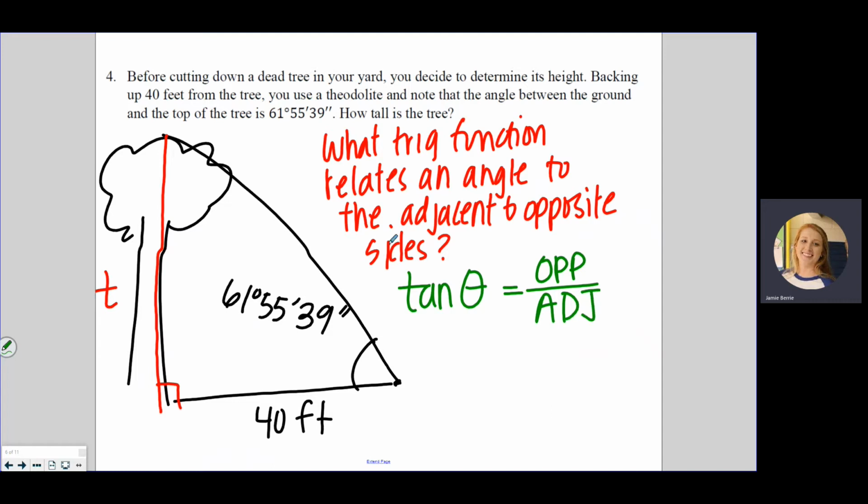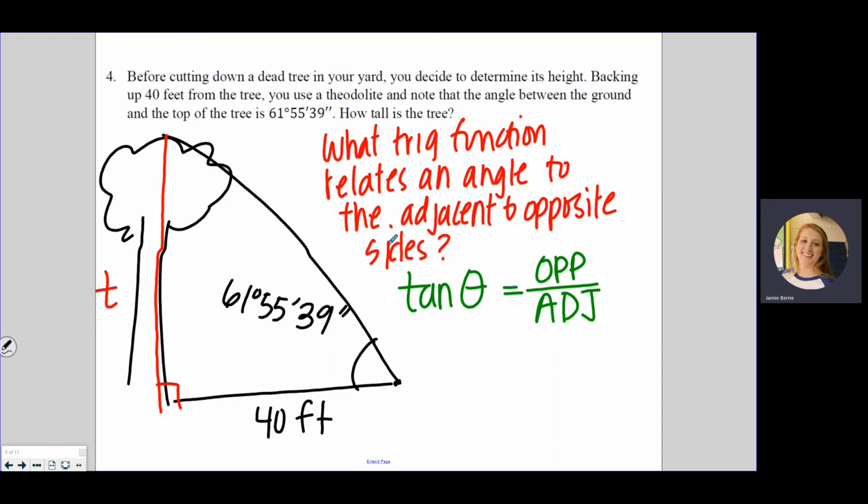All right, so now we're going to plug in what we know. Theta, our angle, is 61 degrees, 55 minutes, 39 seconds. Let's convert that back to decimal notation. Well, actually, we'll do that in a minute. Let's just write in what we know.